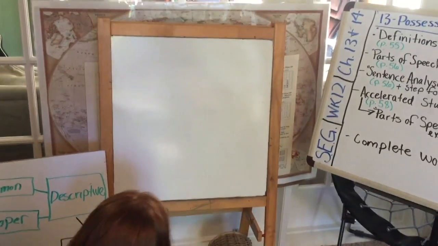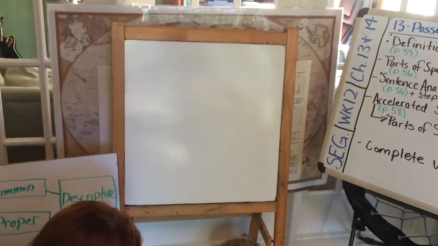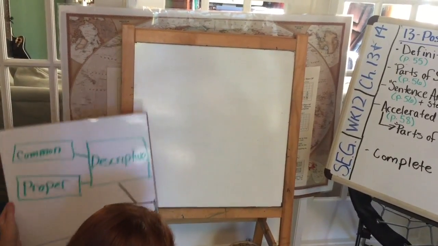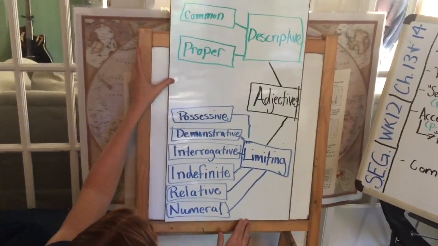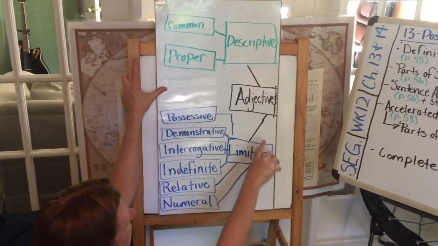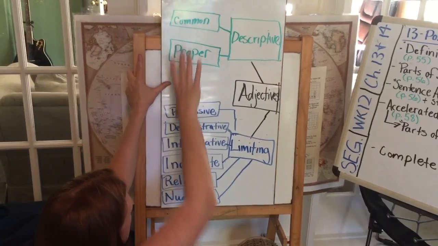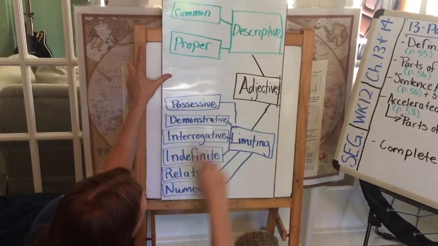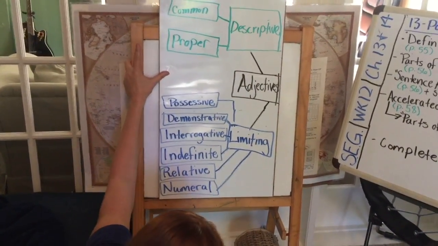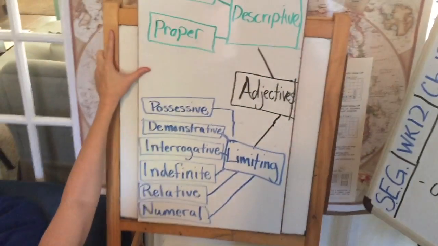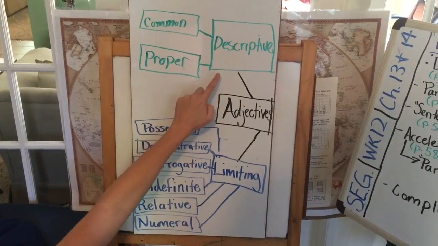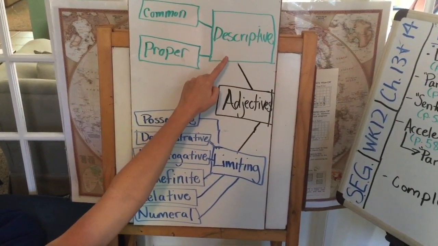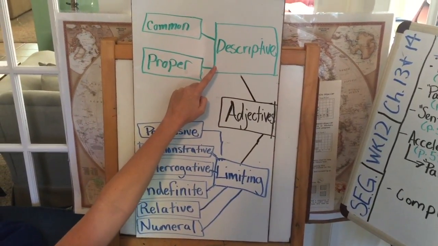So I wanted to show you, let's see if this will stay up there. You need an easel. All of these things are adjectives. There are 2 types of adjectives. One type of adjective describes, the descriptive adjectives.